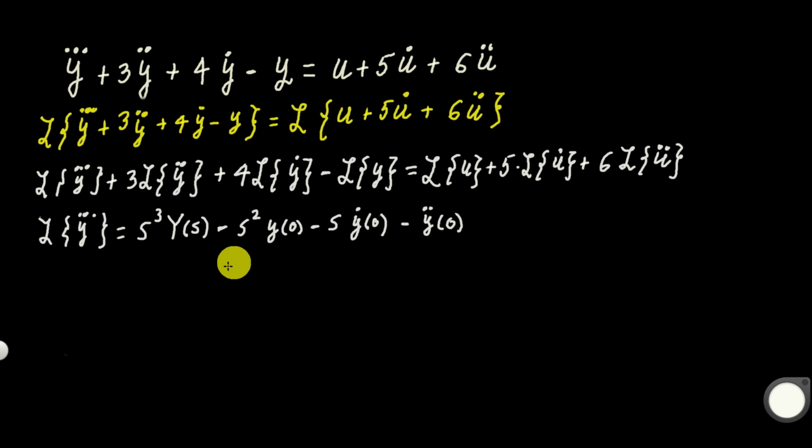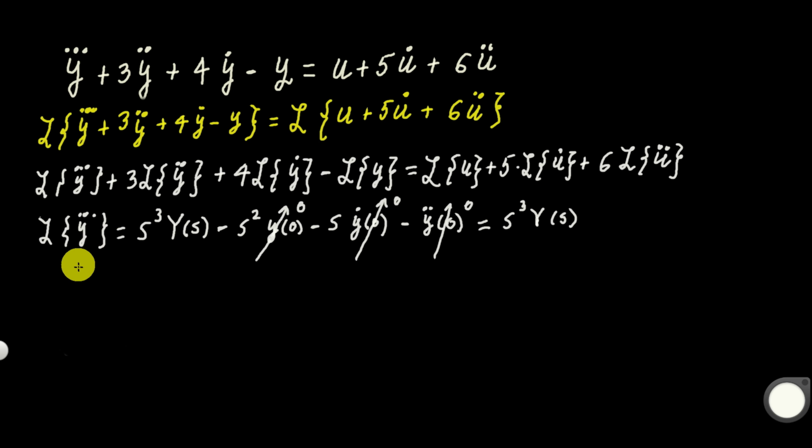Since when we compute the transfer function we set all the initial conditions to 0, these terms are set to 0, and we simply have s to the power 3 Y(s).